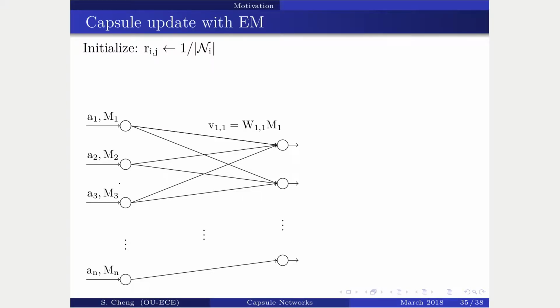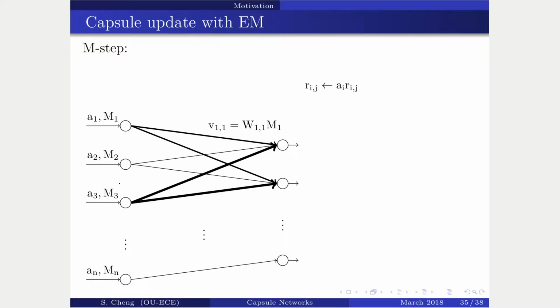Then the first thing, we'll compute the pose, where we transform the perspective from the child capsule to the parent capsule by multiplying Mi by Wij to get Vij. And then we are going to update the assigning probability by scaling it with the incoming activation.